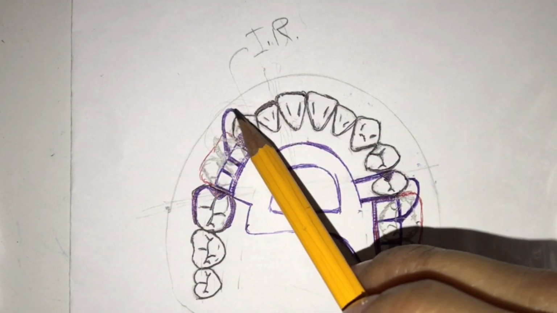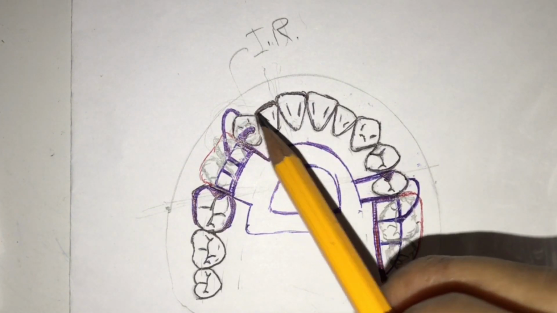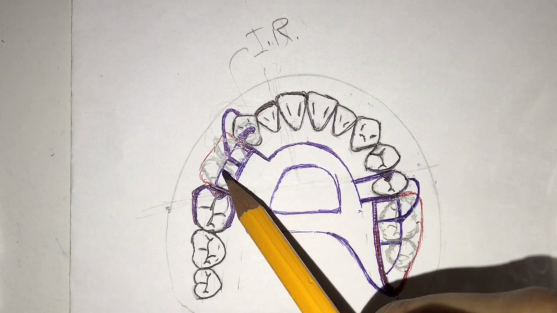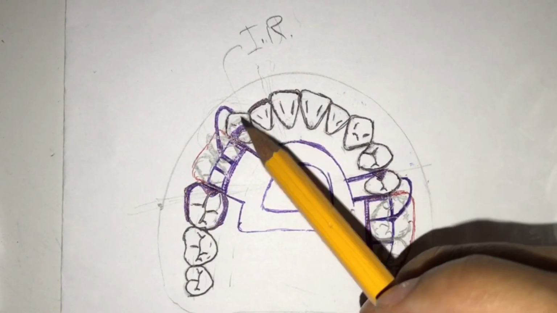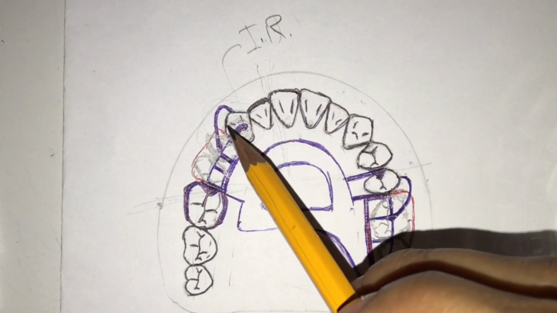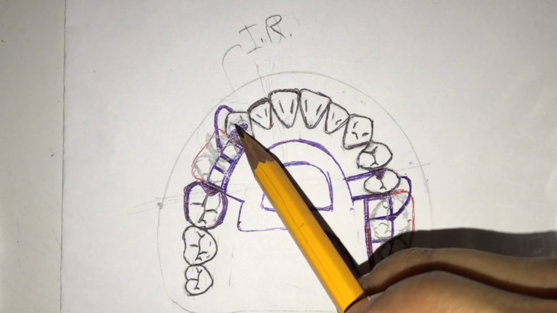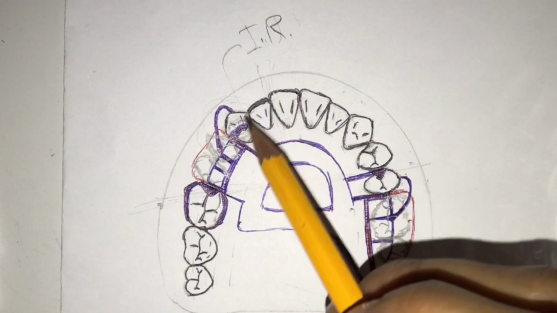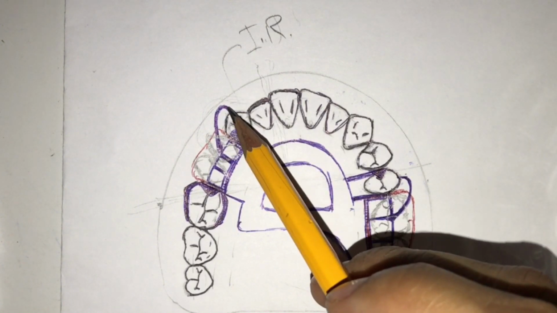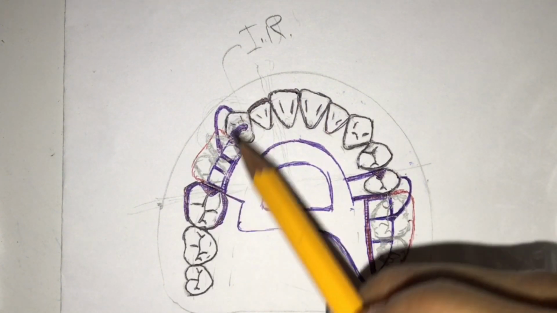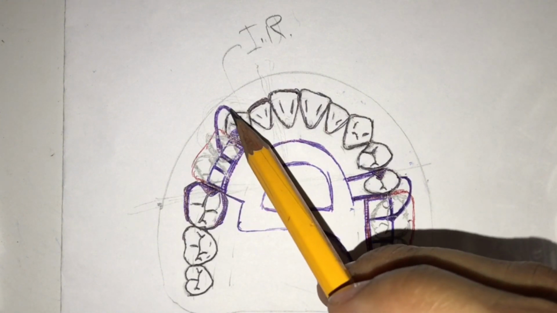Why do we need to place it a little bit mesial? It's because when it rotates, there will be no force for it to push forward, and it will dislodge if it will be rotating backwards, and then there is no catch.